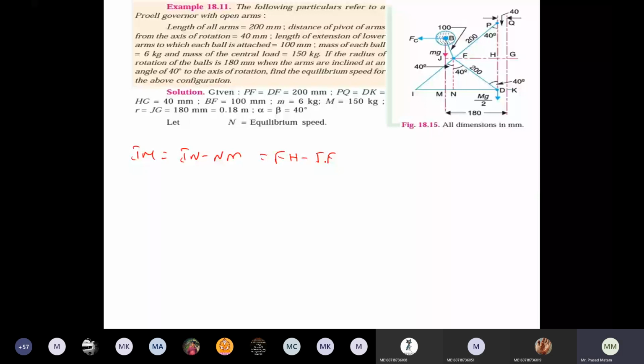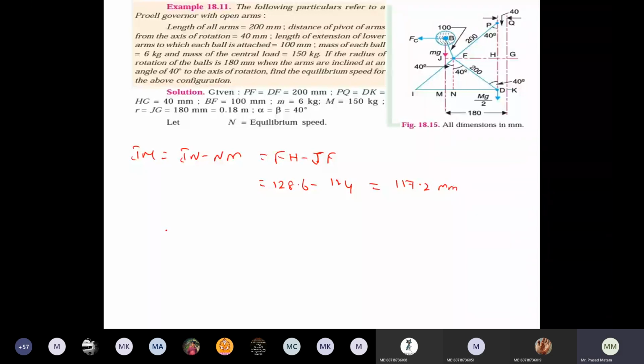FH we know as 128.6, and JF we already found earlier, 11.4 mm. What is the answer we are getting for IM? 117.2. So now we got the IM value.